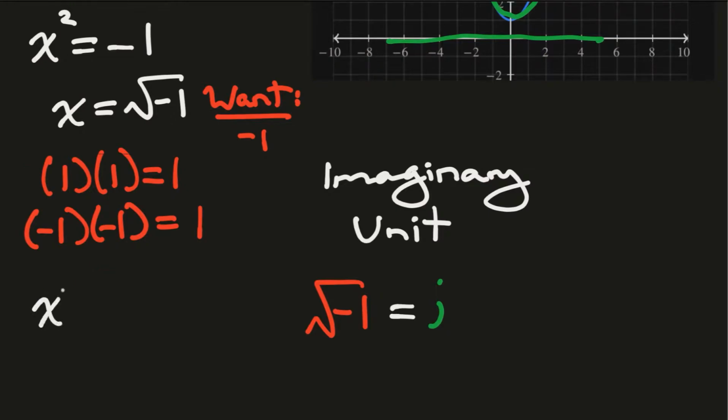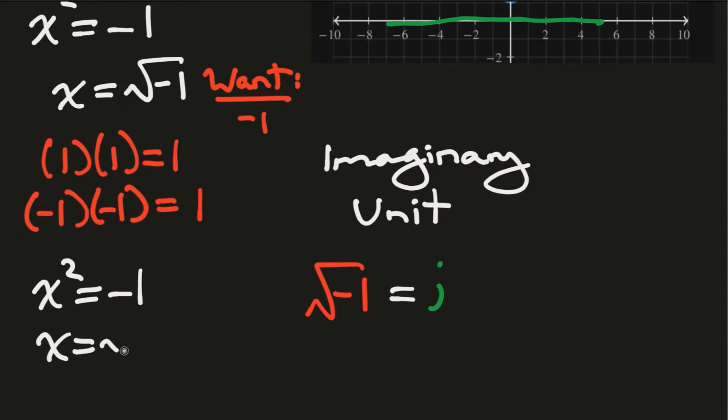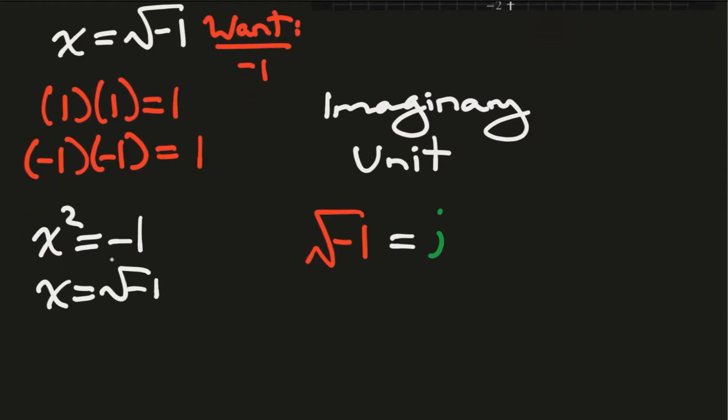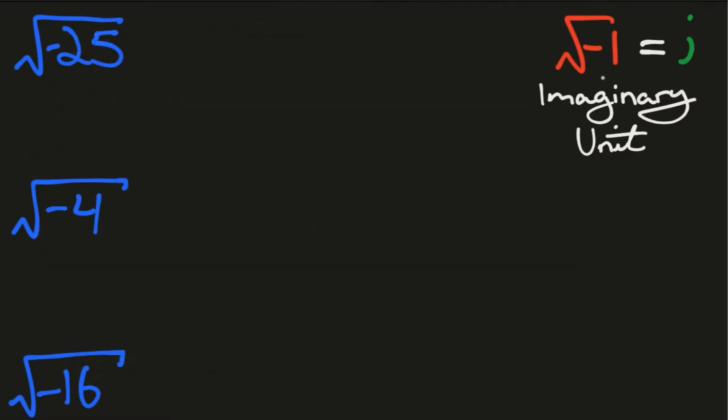In other words, if we have x squared equals -1, and so x equals the square root of -1, we can rewrite the square root of -1 as x equals i. So some imaginary number i times itself will give us -1, which is our original goal. We know that the square root of -1 is equal to i, which we call our imaginary unit.